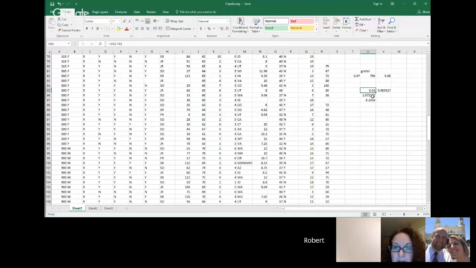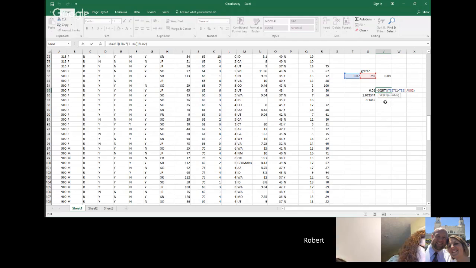You want me to show you my formula on my Excel? Yes. Let's see if it works. Can you guys see my screen? Yes. So there is my standard deviation. Up top, I have the whole thing square rooted, and I put my values just in cells. So there's the 0.07, the 750, and the 0.08.